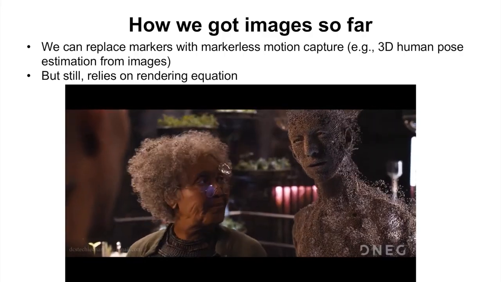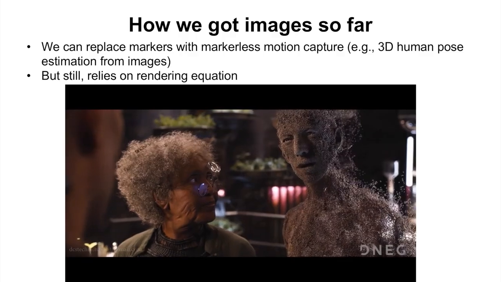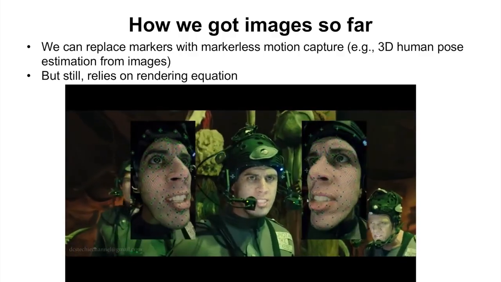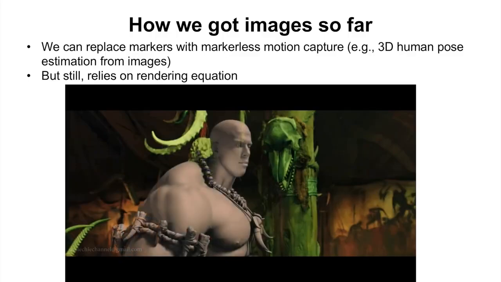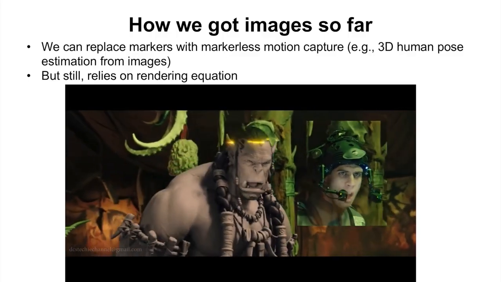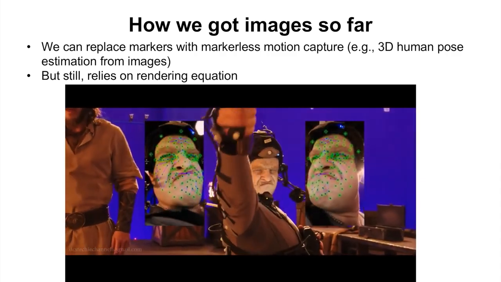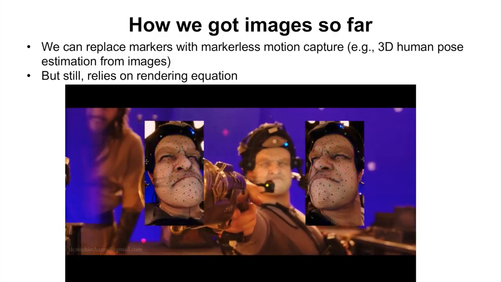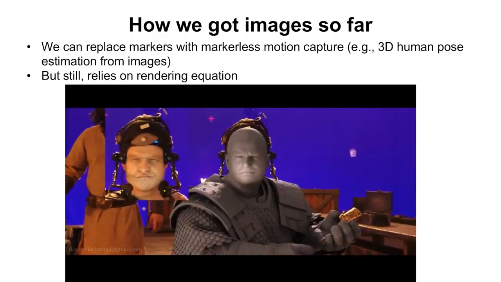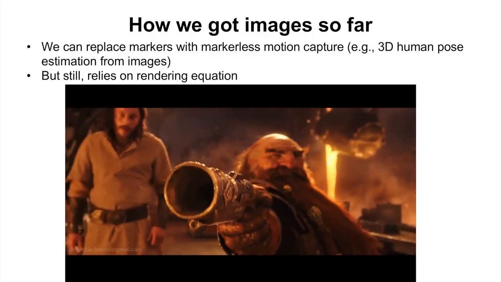But still, we use the rendering equation to get images. Except for just manually drawing by hand, this is the only way we can get images so far. Using 3D geometry, texture, camera, light, and a rendering engine, we can render images. These are widely used these days and are standard in the computer graphics industry.